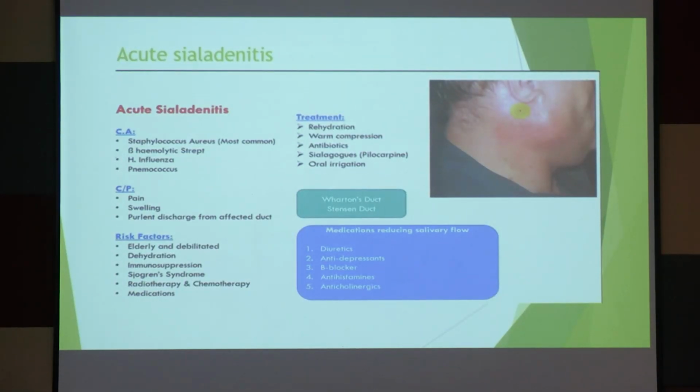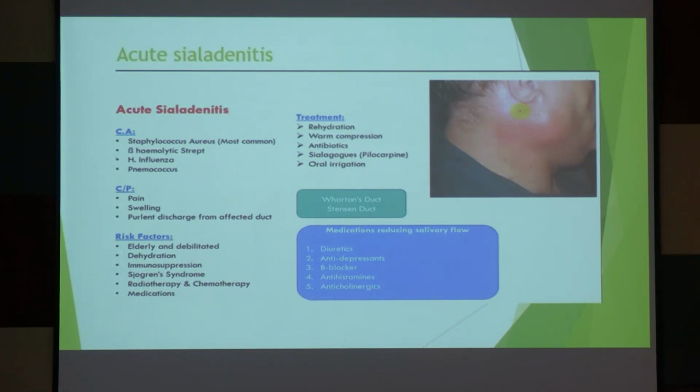That's more important. Acute sialadenitis: sialo means what? Salivary gland. Adenitis means inflammation, acute means acute inflammation. So there are many causes. It can be bacterial, it can be viral as well. Staph aureus is most common.